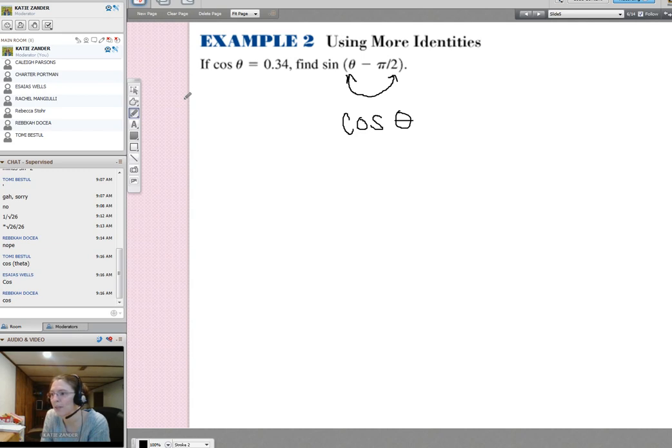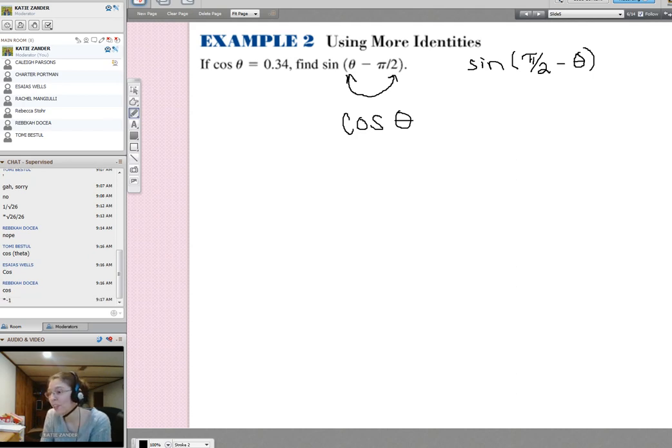All right. However, we didn't necessarily have that exact identity written here, but we can reverse the order of what's inside parentheses there. What is needed for us to reverse the order? So if I wanted to reverse the order inside the parentheses so that it read sine of pi over 2 minus theta, what has to be done for us to do that? You have to multiply by a -1. Yep.